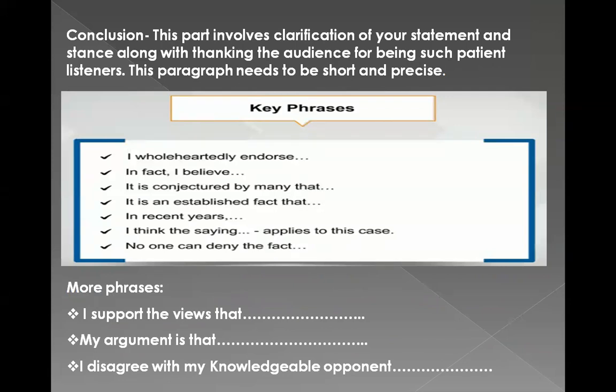You need to end it in such a manner that they keep on thinking on what you have said. So it should be short, crisp, and should end with an appeal or hope or some kind of question or suggestion. And write thank you at the end. Thank the audience for being patient listeners.